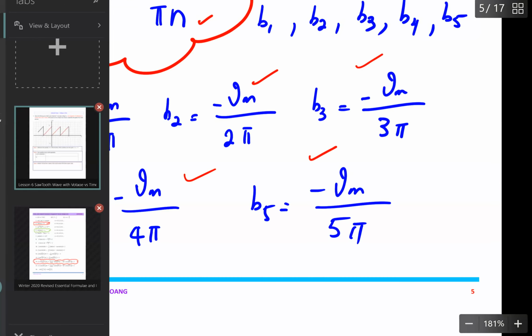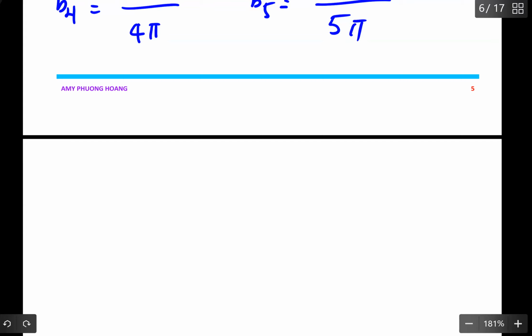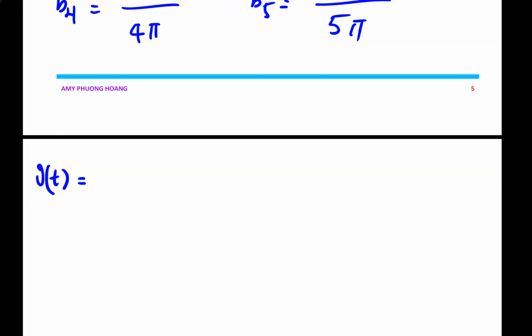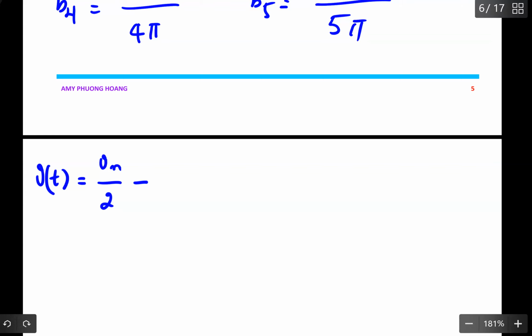So we are almost done. So my equation for my Fourier series will be like this. Vt is equal to A naught. A naught means V max divided by 2. And I'm adding that with B1 times sine of 2 pi t divided by the period T. So I will subtract V max over pi sine of 2 pi t over T, and I keep subtracting all the terms that I have.